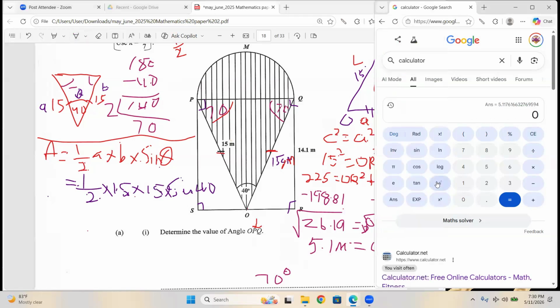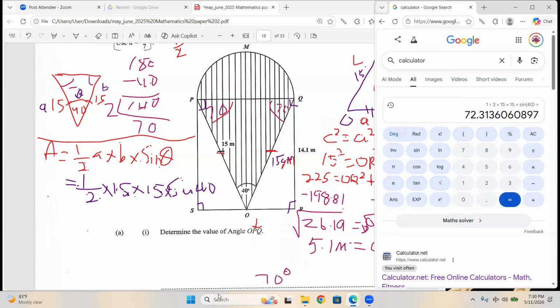Let's see here. I have 1 divided by 2 multiplied by 15 multiplied by 15 multiplied by sine of 40. Make sure your calculator is on degrees when we're using sine and cos and tan. Yeah, so that is sine of 40.